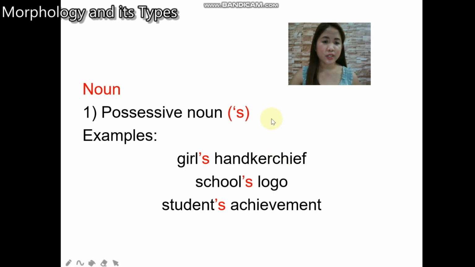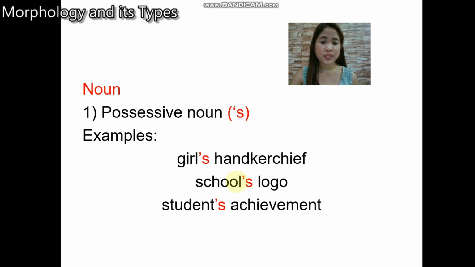The first inflectional morpheme is the possessive noun with the form apostrophe s. In the words girl's handkerchief, this means ownership. The handkerchief is being owned by the girl.